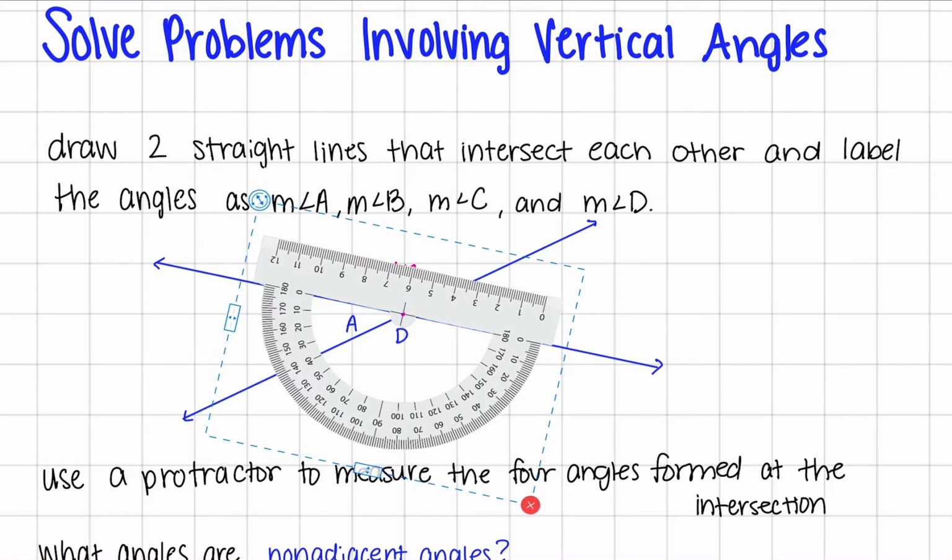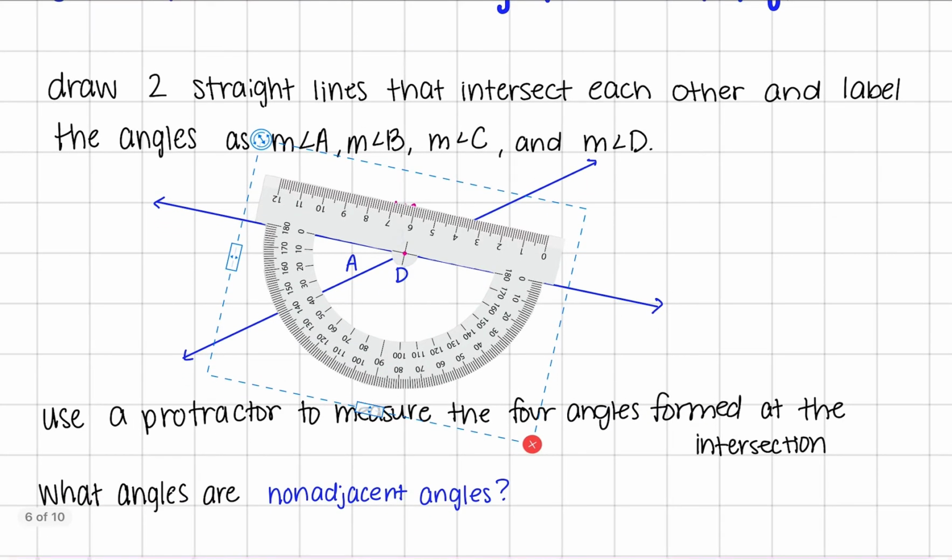There we go. Again, not always drawn the best to scale, but it's the best we can do. And we can see that angle A measures about 40 degrees as well, and D measures 140 degrees.